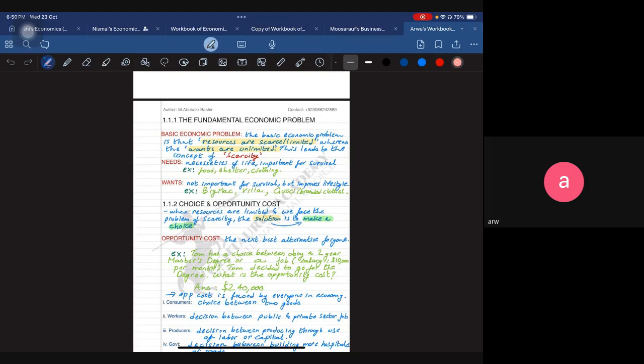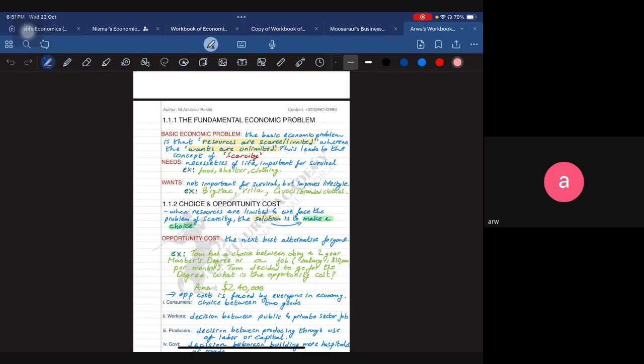When you make a choice, you go for the things you buy on a rational basis. As a rational consumer, you look at the features, compare, and then buy. The things you have left are your regrets, and that is your opportunity cost, the cost of not choosing something.